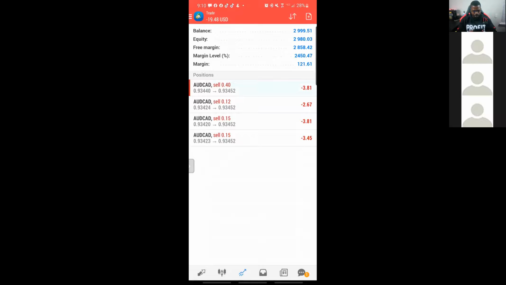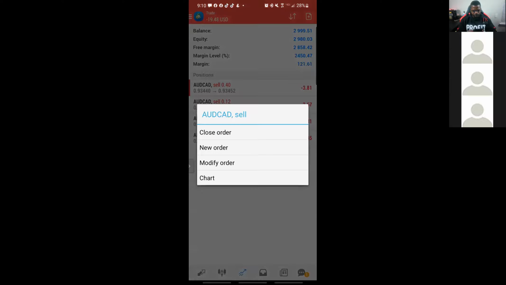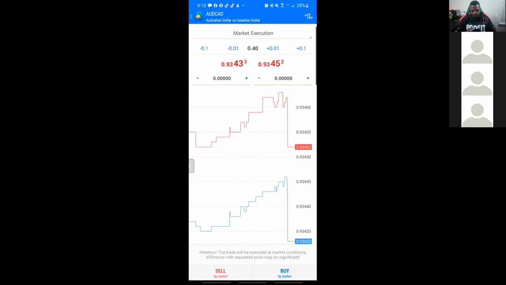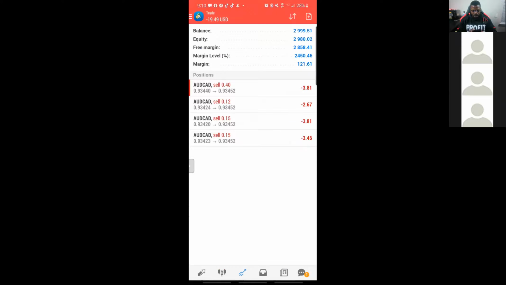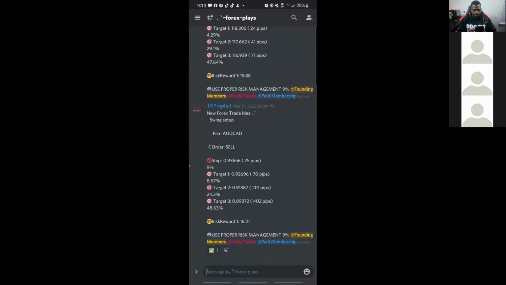We enter our trades by going to new order, adding the exact coordinates that you see in the Discord. If in the Discord you see buy or sell alone, that lets you know it's a market execution order.